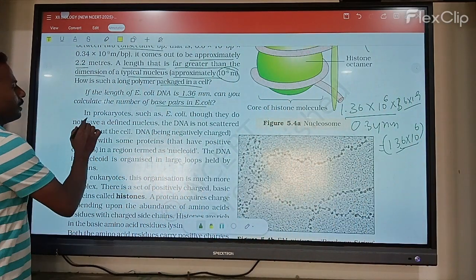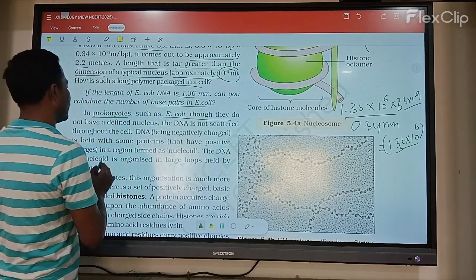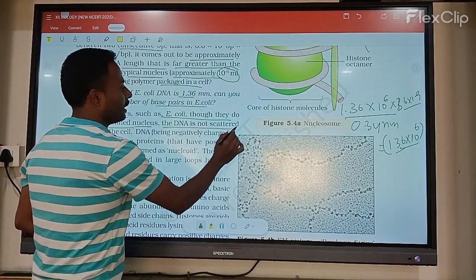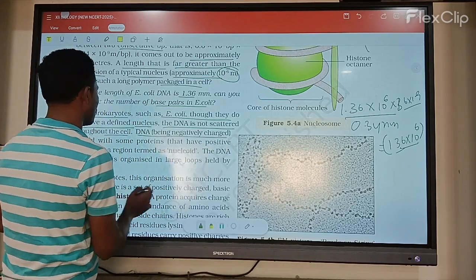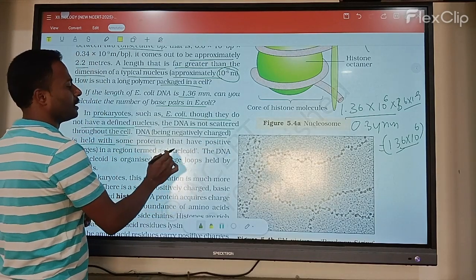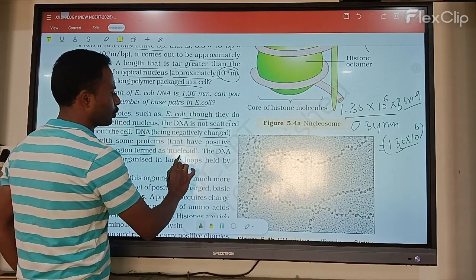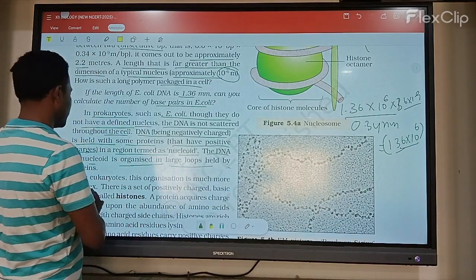In prokaryotes such as Escherichia coli, they do not have a differentiated nucleus and the DNA is scattered throughout the cell. The DNA is negatively charged and is held with some proteins that have a positive charge. The region termed the nucleoid, the DNA in the organism, is in a large loop held by proteins.